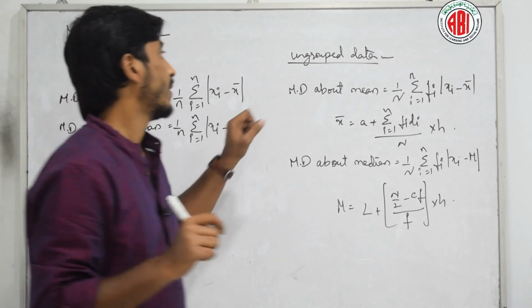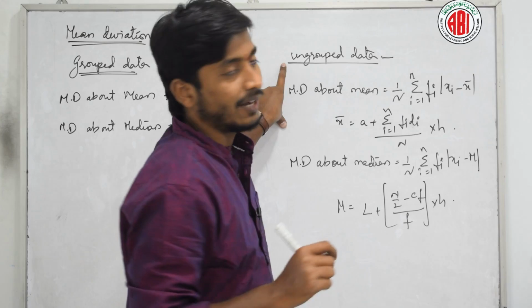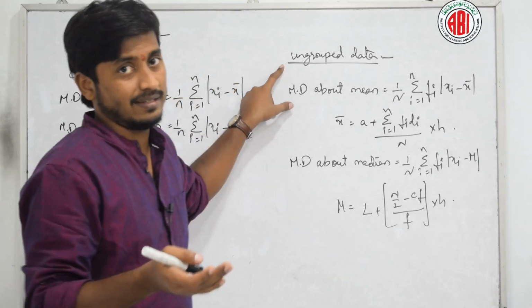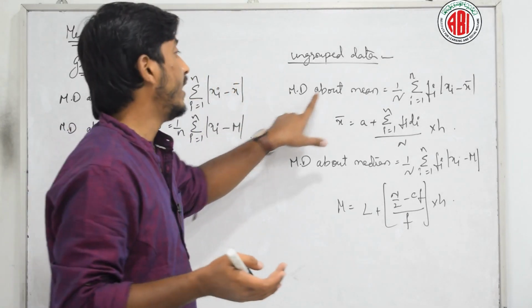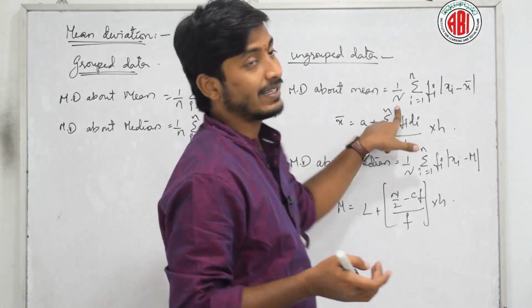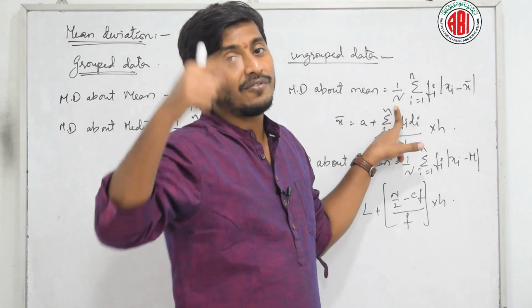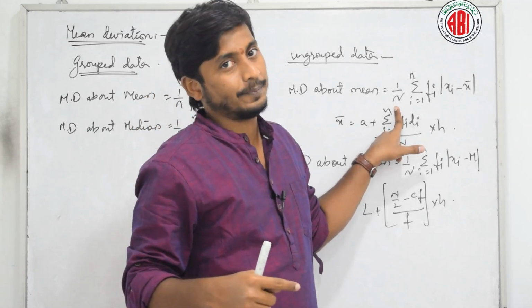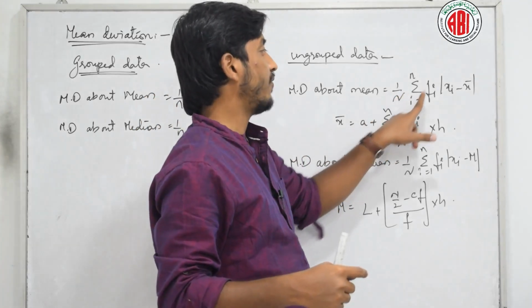Right? Fine. Next, if it is a grouped data, whether discrete or continuous, the mean deviation about the mean is given by 1 by n. What is this n? The sum of all the frequencies, into summation of fi xi.